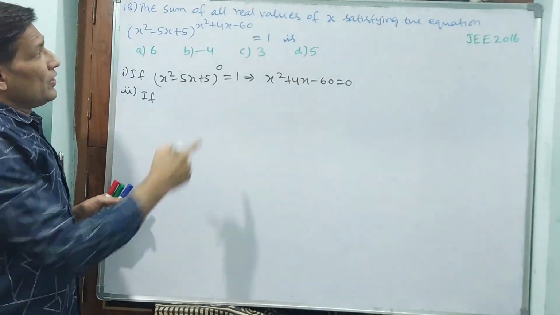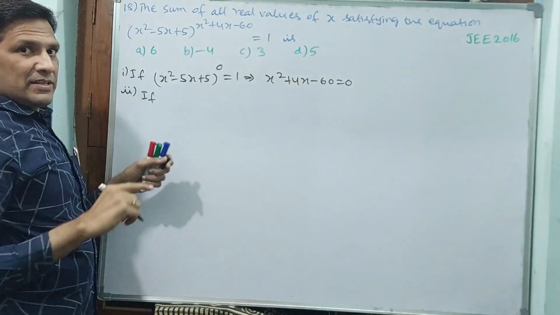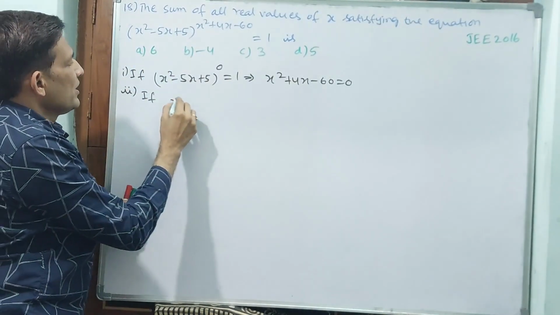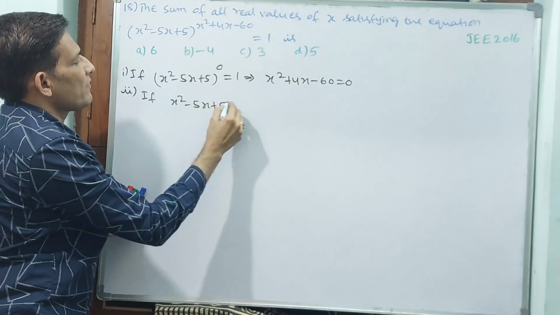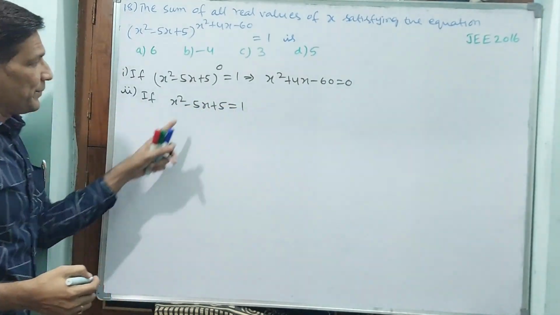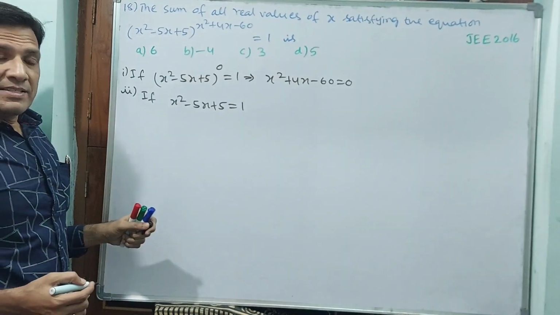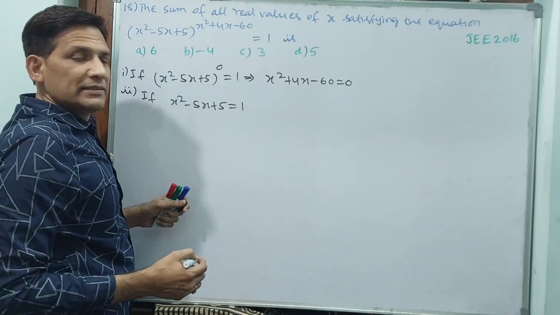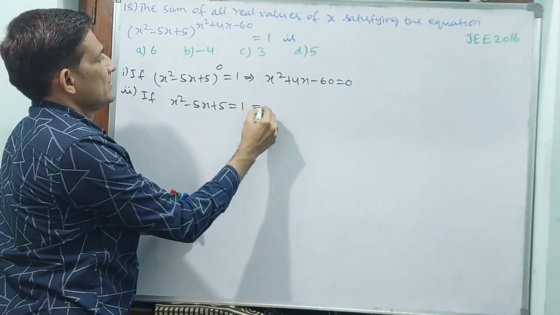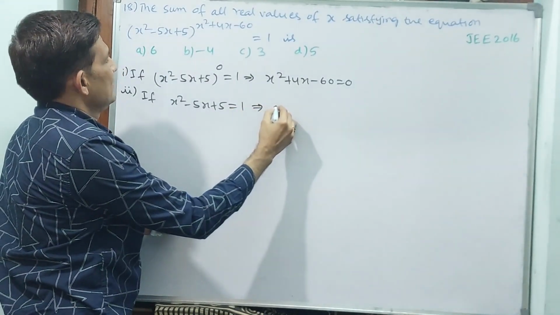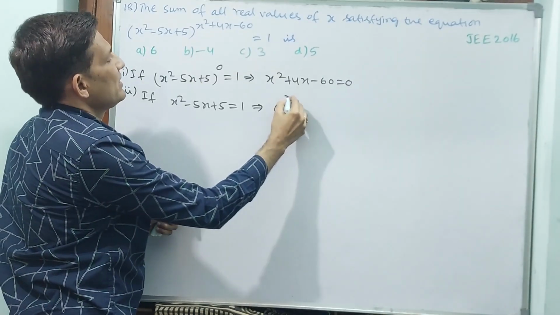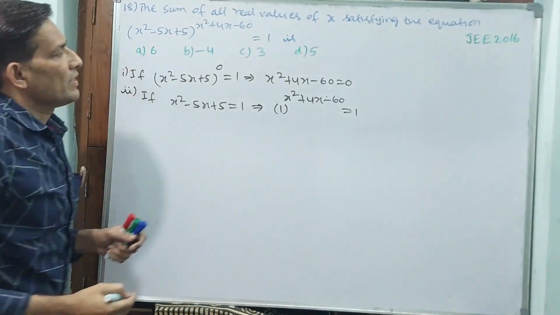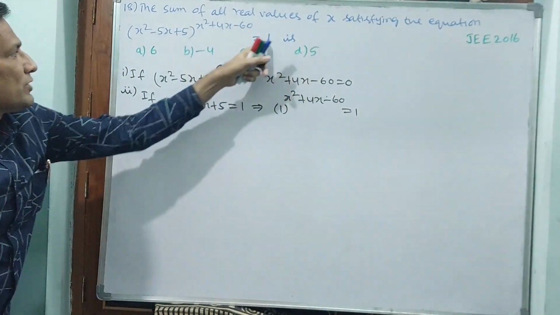if this may not be 0, that is a different thing. But here what you can say is, if x square minus 5x plus 5 is equal to 1 directly, 1 power anything is 1. That implies 1 power (x square plus 4x minus 60) is equal to 1. Okay? See, finally this one should satisfy.